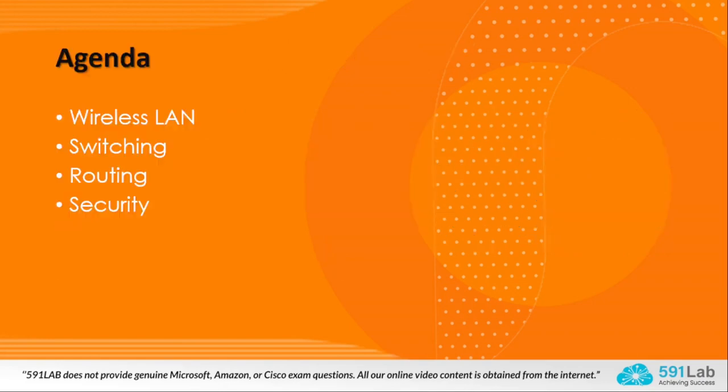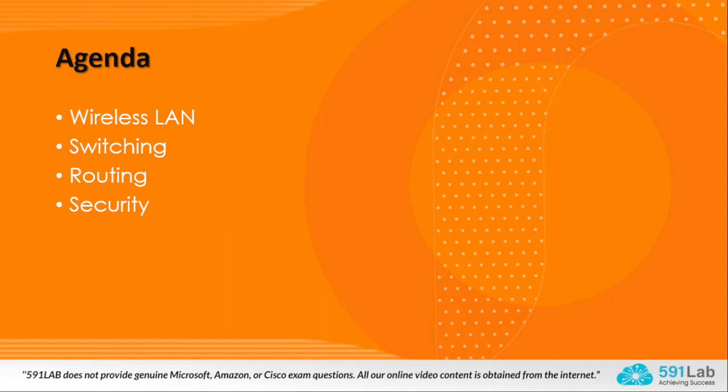Today we will be covering few topics such as wireless LAN, switching, routing and security from Aruba Certified Professional Campus Access Exam objectives. Let me briefly go through each one of them. Under wireless LAN, topics related to wireless functions and how to build configuration based on customer requirement are included.